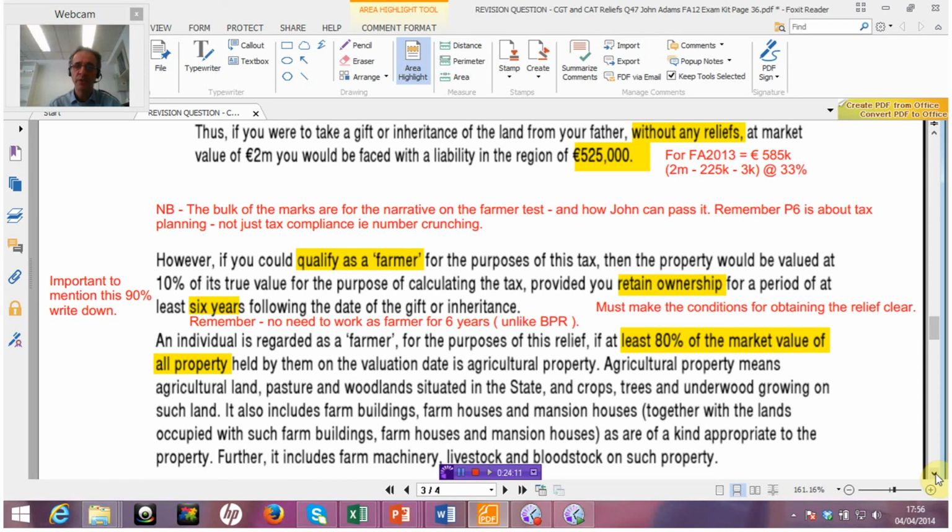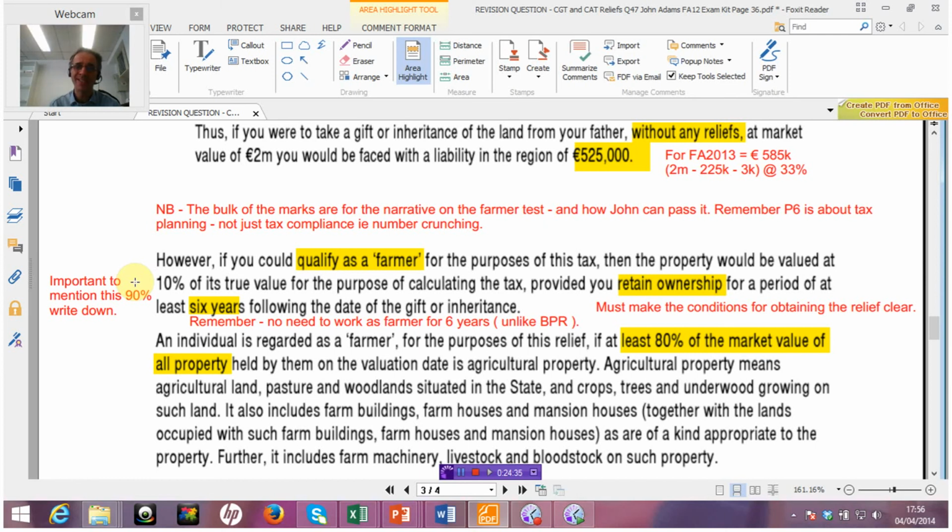Okay, so in terms of the detail on this, aside from what I've said above, in other words a simple intro, the first thing they do is say, very clearly, this is a 90% write down, or you could get relief in effect showing the MV at 10% of what it is, so 10% of £2 million.